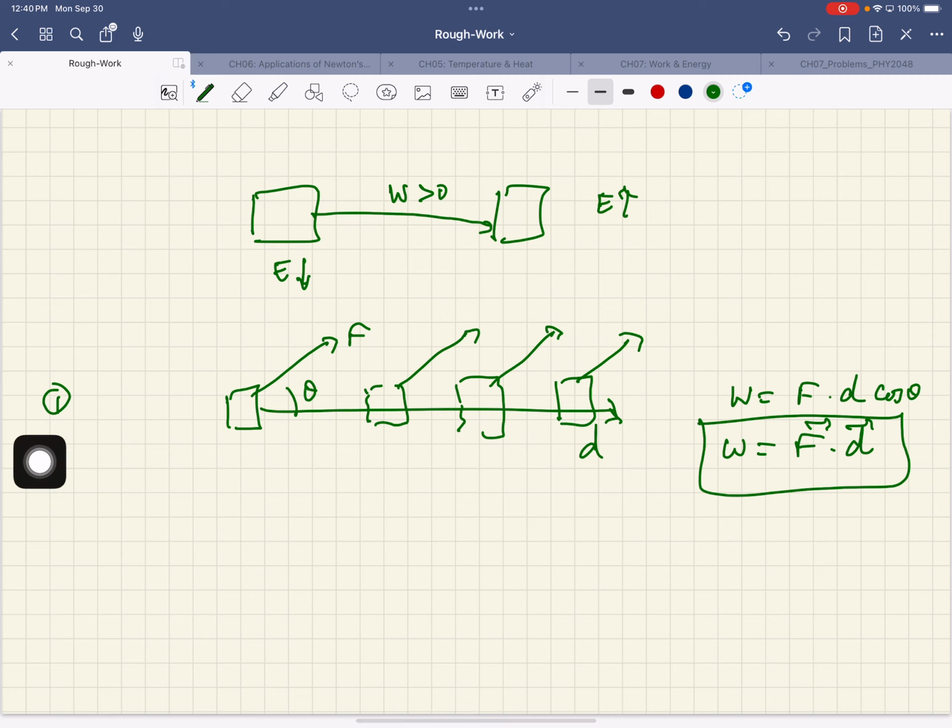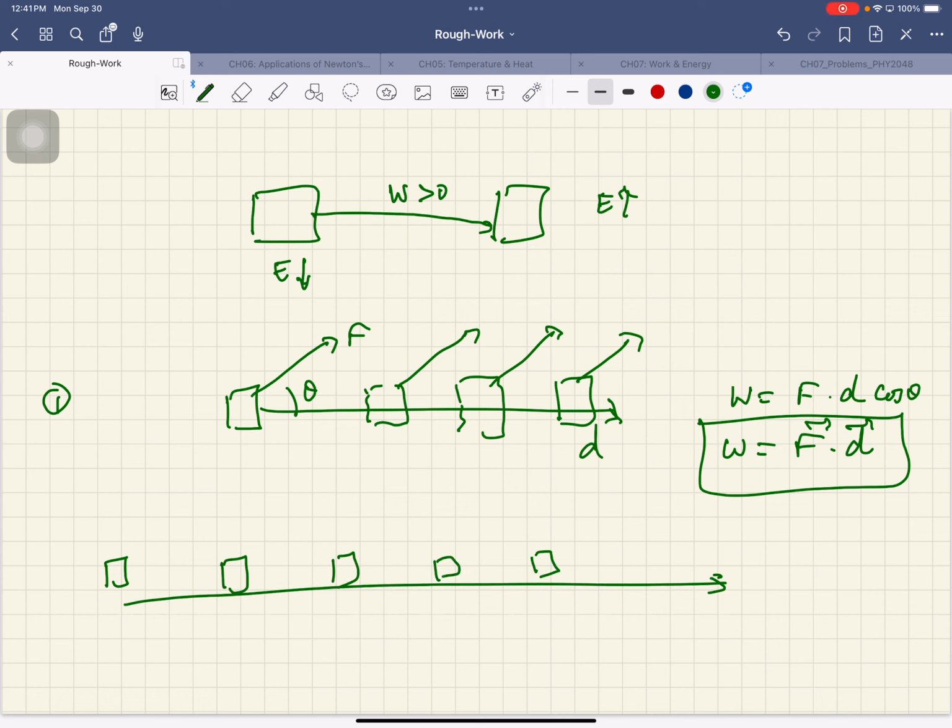And then the next thing to do was, what if the force is changing? How do you calculate the work done? Well, then you did the following smart thing. You just broke up the displacement into little pieces.